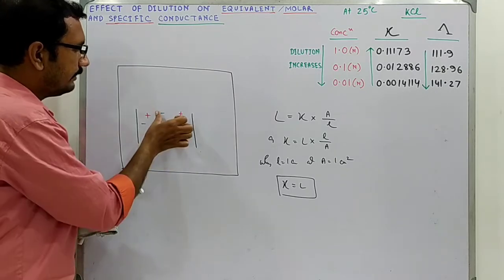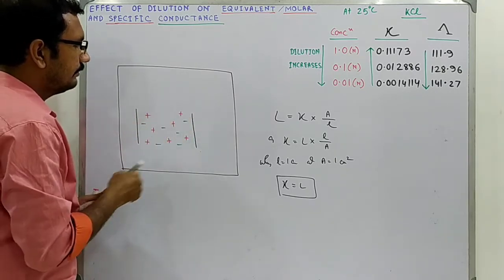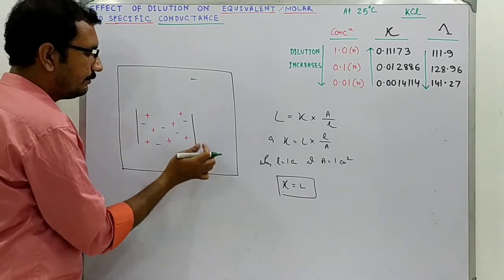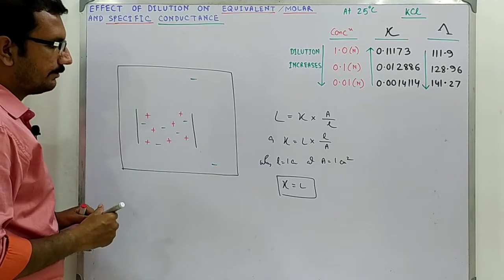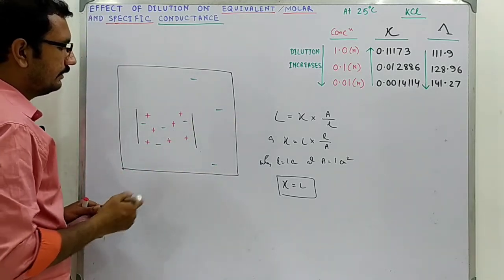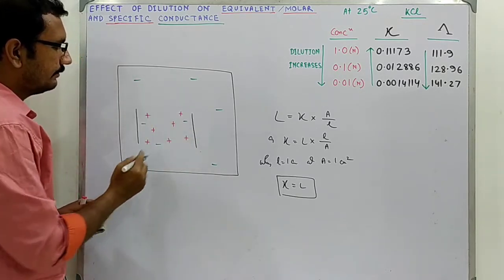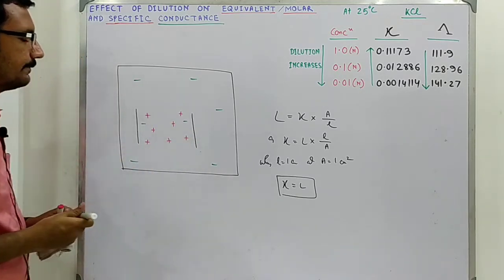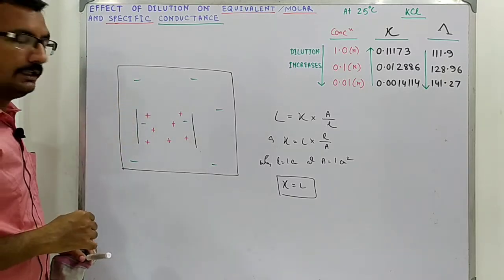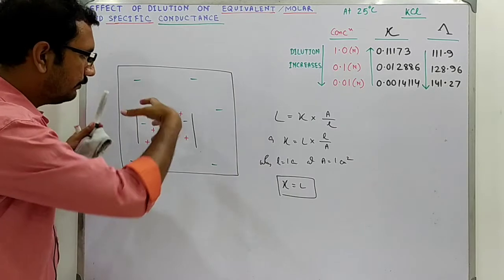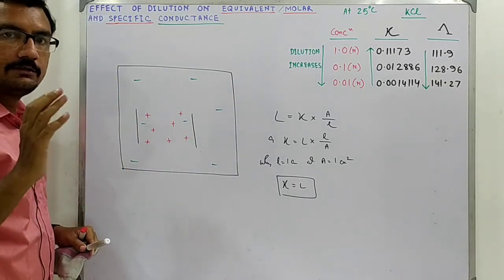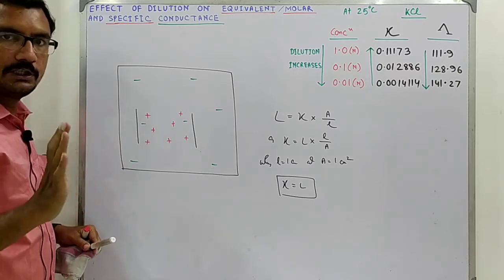The anions will move to different places, for example this one will come here, and this one will come here. When you dilute this solution, these ions will move apart from each other, since the solution tries to remain homogeneous.